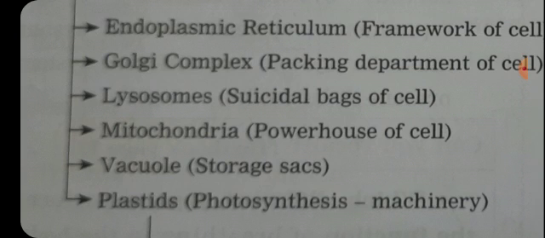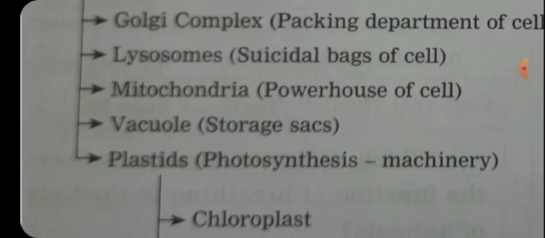Simple single membrane bound sacs with digestive enzymes are there in lysosomes. Old damaged cells are digested by bursting and releasing the digestive enzymes, and they digest their own cells. That's why lysosomes are called as suicidal bags of the cell.